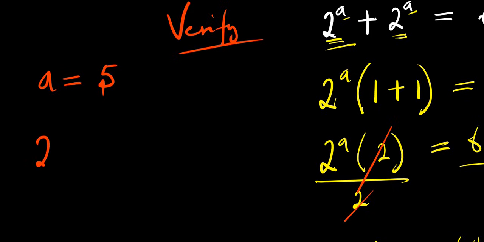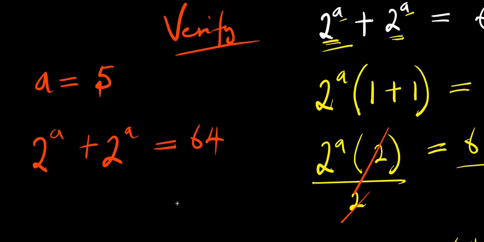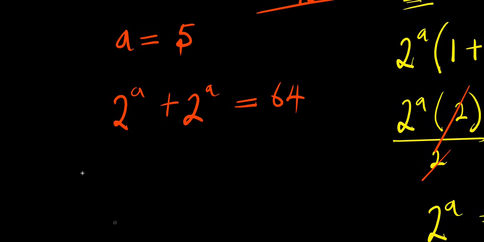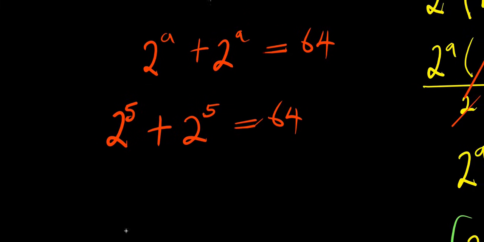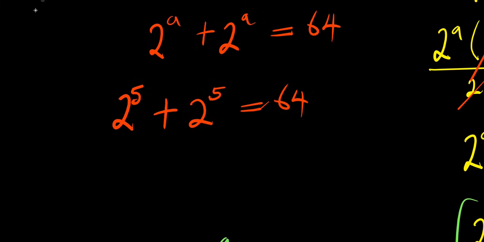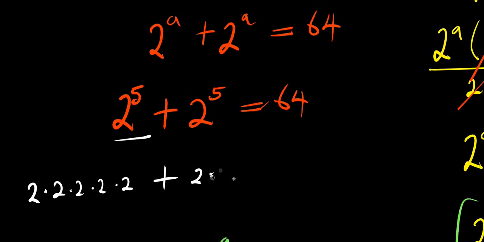That means 2 power a plus 2 power a equals 64 simply means that 2 power 5 plus 2 power 5 equals 64. And like we said earlier on, 2 power 5 is 2 times 2 times 2 times 2 times 2 plus 2 times 2 times 2 times 2 times 2 equals 64.